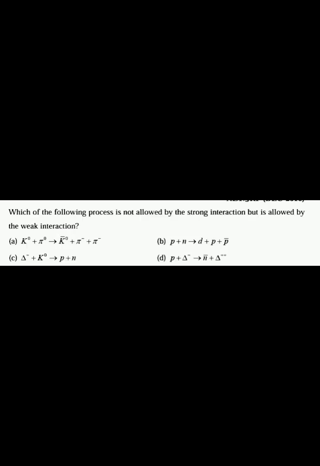Next question is: which of the following processes is not allowed by the strong interaction but is allowed by the weak interaction? So here we need to check each option. In option A, the reaction given is K⁰ + π⁰ gives K̄⁰ + π⁻. Here the charges are 0, 0, 0, plus 1, minus 1 respectively.